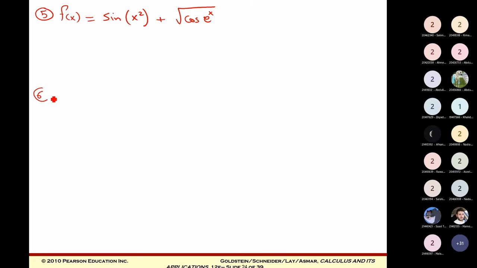Number 6, f of x equal tan radical x plus sine ln x.